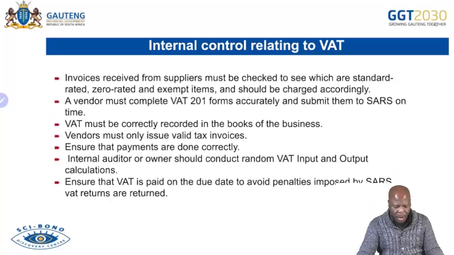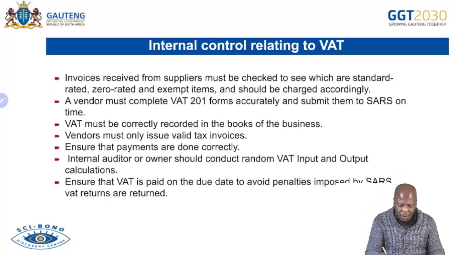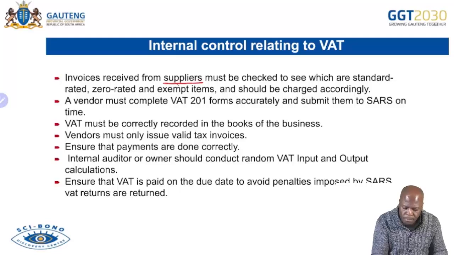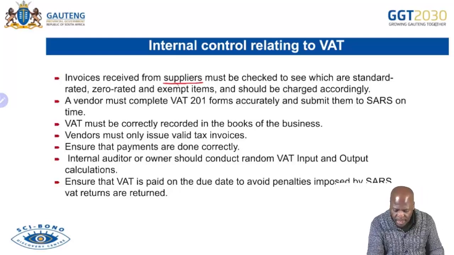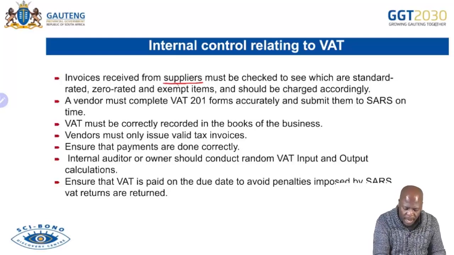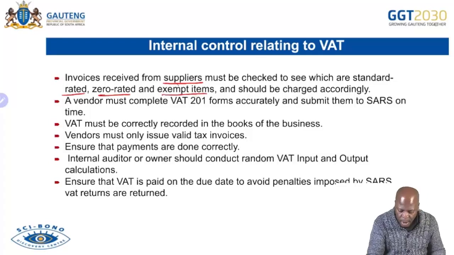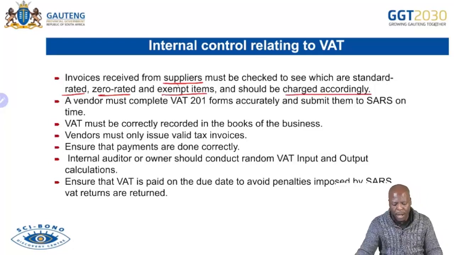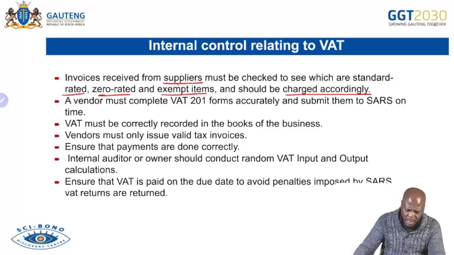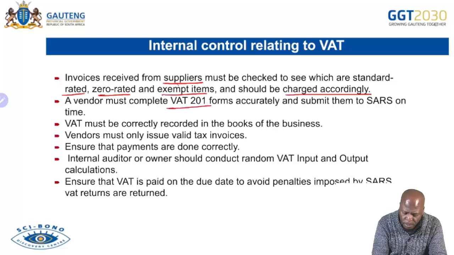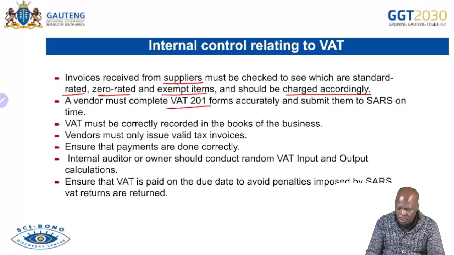Number one, invoices that are received from suppliers must be checked to see whether the amounts there are standard rated, zero rated, or exempt items, and they should be charged accordingly. In other words, if items are standard rated, they should not be recorded as zero rated or exempt items, and vice versa. Now, a vendor must complete the VAT 201 form accurately and submit to SARS on time.